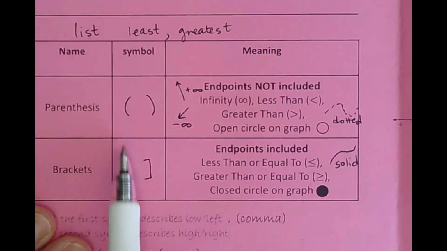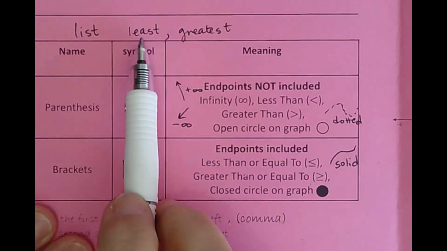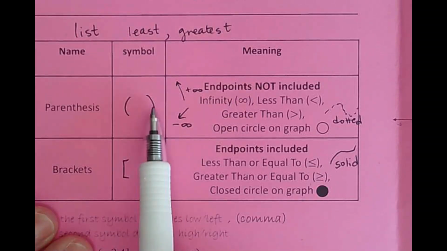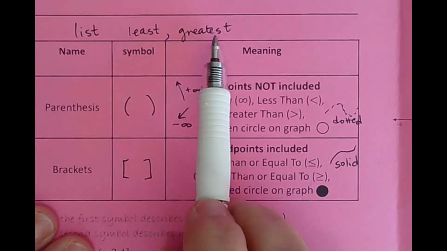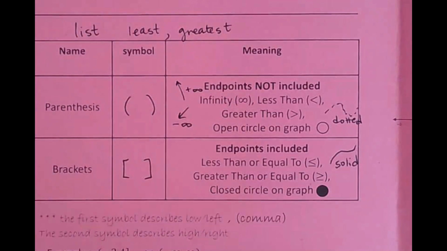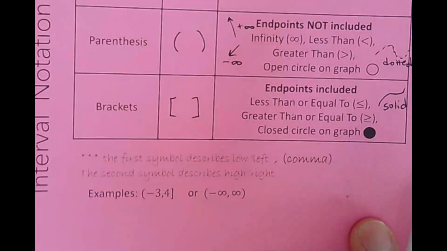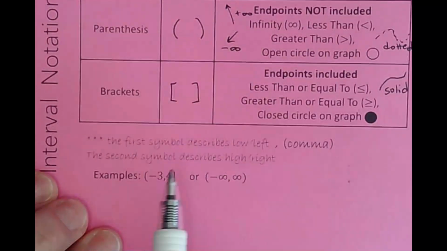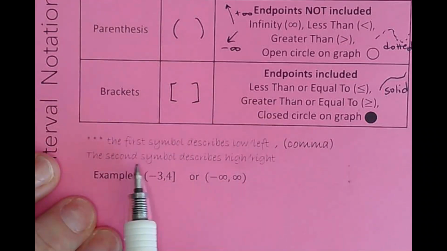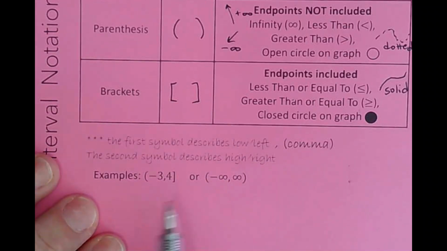Whichever one you use on the left goes with the description that is the least, and whichever symbol you use on the right goes with the description that's the greatest. The first symbol describes the lowest or the left, and then you write a comma. The second symbol describes the highest or the right, as long as it's least to greatest.